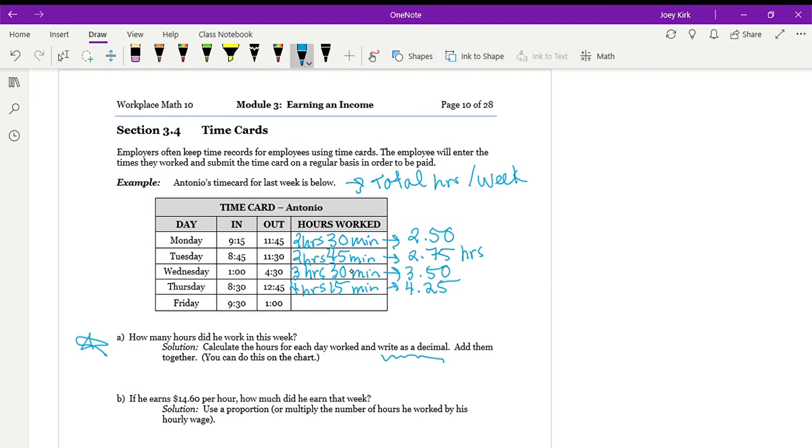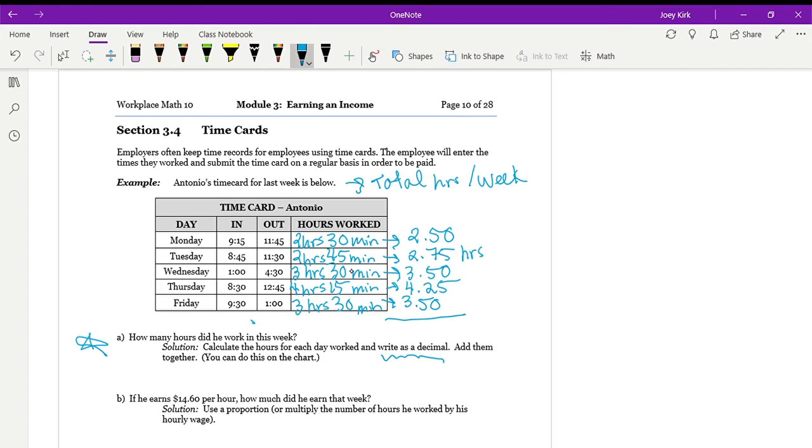And last but not least, Friday he worked from 9:30 till 1. So 9:30 till 10:30 is 1 hour, 11:30 is 2 hours, 12:30 is 3 hours. So 3 hours from 9:30 till 12:30, and then 12:30 to 1, that is going to be 30 minutes again. So 3.5 hours.